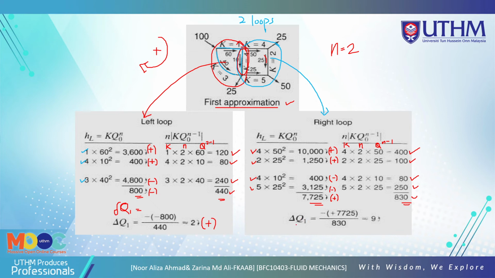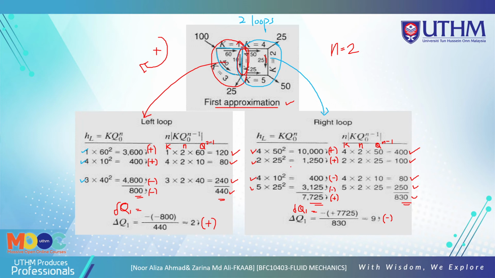Then you get delta Q1 at the first assumption for the right loop. Negative here, this is positive, you divide, so you get negative, so it is anti-clockwise.